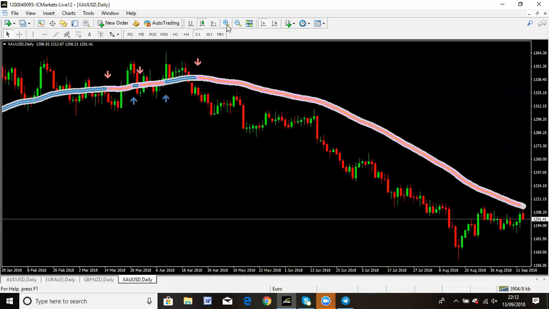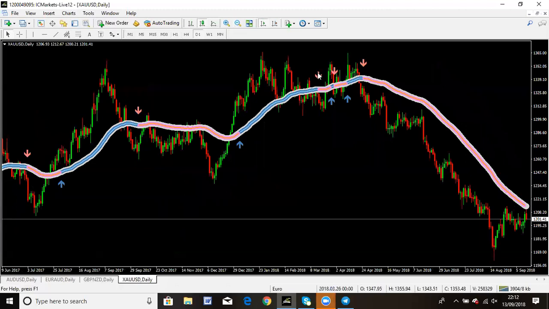So if I zoom in, as you can see, the market was a bit hesitant here. There was no direction there, pretty much. But even in here, you would have got from here 1293 up till pretty much down here.